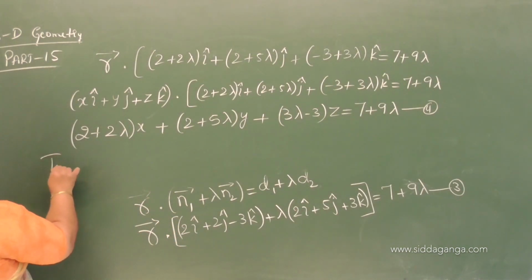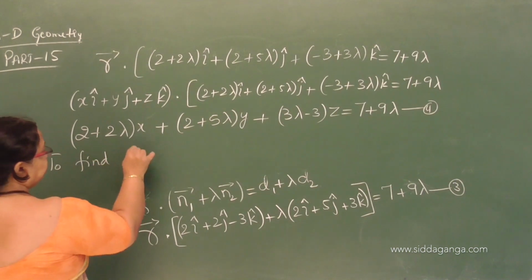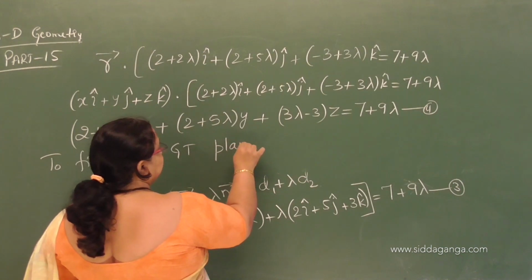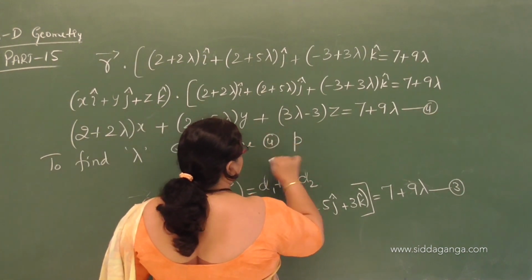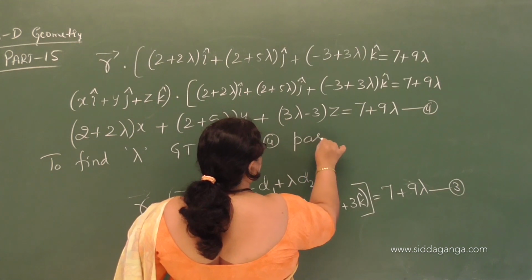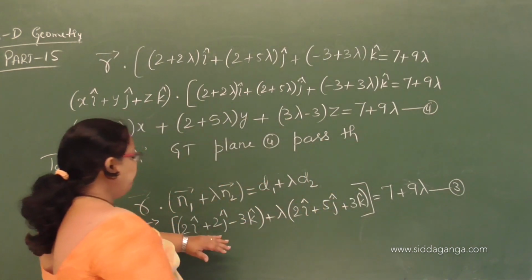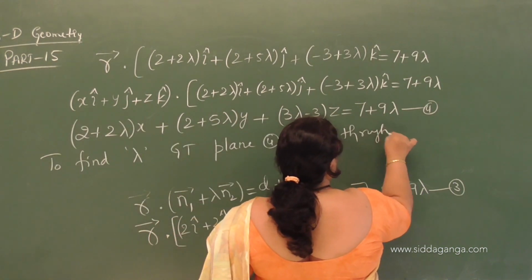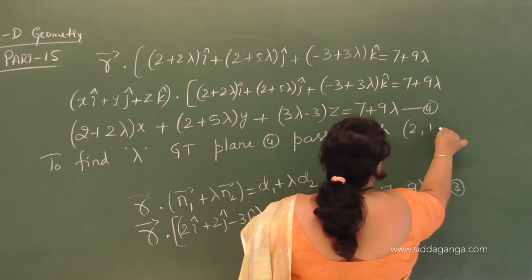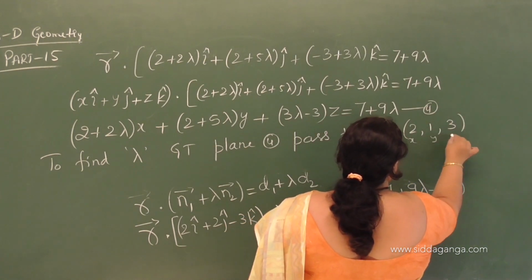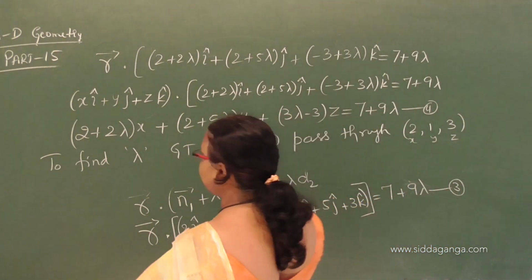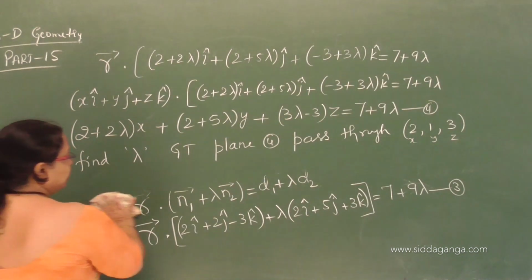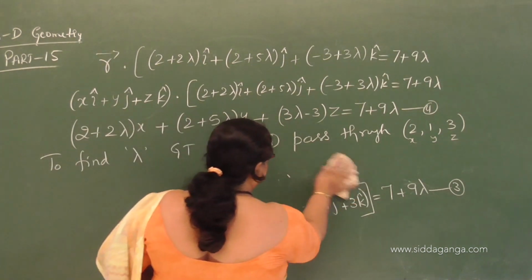Next, to find lambda, it is given that the plane passes through the point 2, 1, 3. So we have to put 2 in place of x, 1 in place of y, and 3 in place of z.